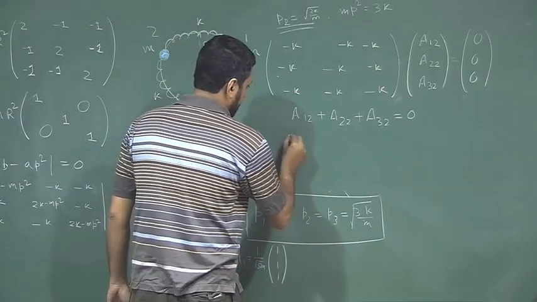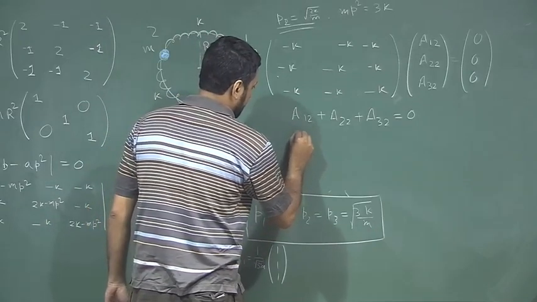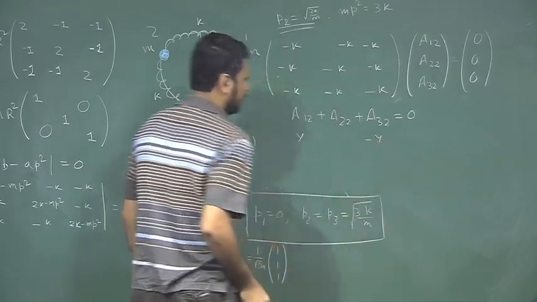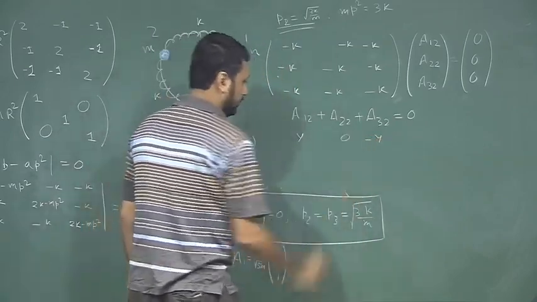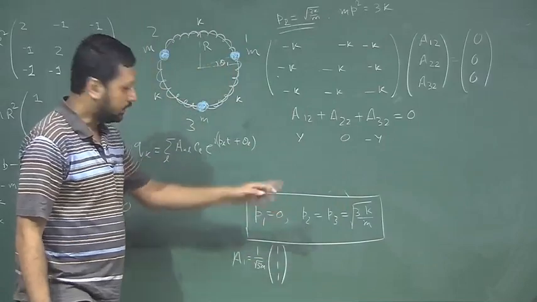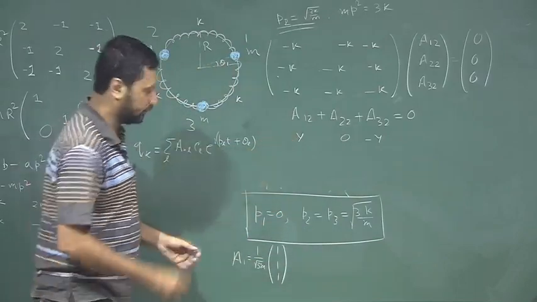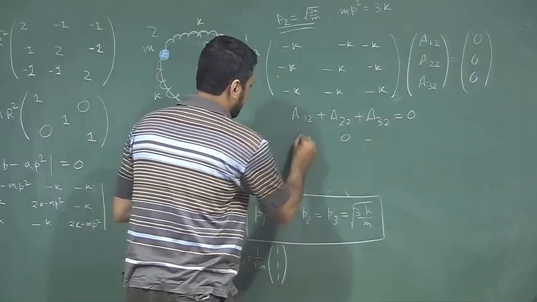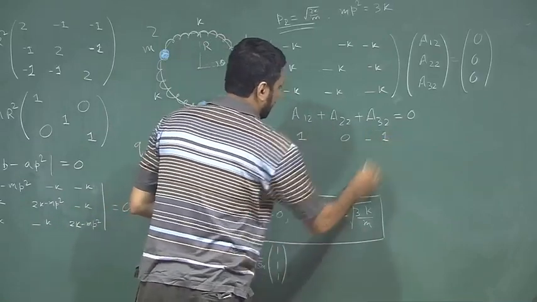So, we can choose one combination, for example, to be y, minus y and 0. This is definitely orthogonal, because within a normalization factor we can write this as 1 0 minus 1.